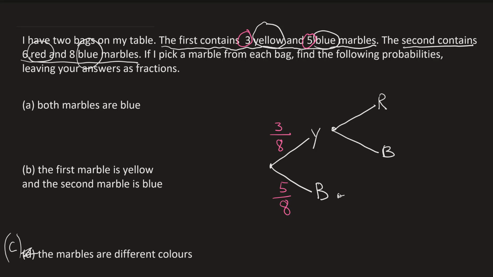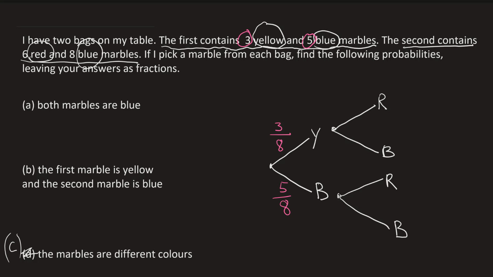And then down here, I will also write red and blue. What this means is if you pick a yellow first time, you can get either a red or a blue the second time. Or if you pick blue the first time, this one here, you can get either a red or a blue the second time.